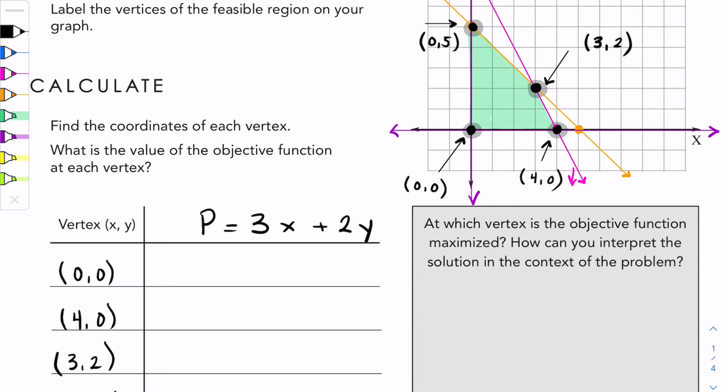When I evaluate this, my first vertice at 0, 0 will just be 3 times 0 plus 2 times 0, or 0.